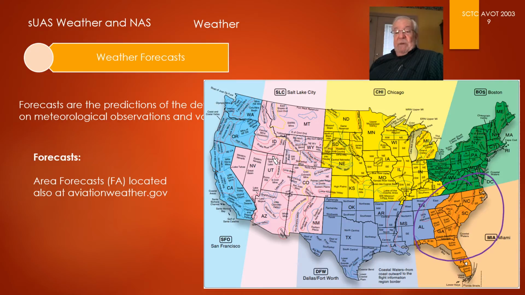These regions, by the way, are called Flight Information Regions, FIRs. You don't need to memorize that, but area forecasts work along with AIRMETs and SIGMETs and convective SIGMETs, etc. They're used to determine forecasts for en route weather and to interpolate conditions at airports which do not have a terminal aerodrome forecast, right?